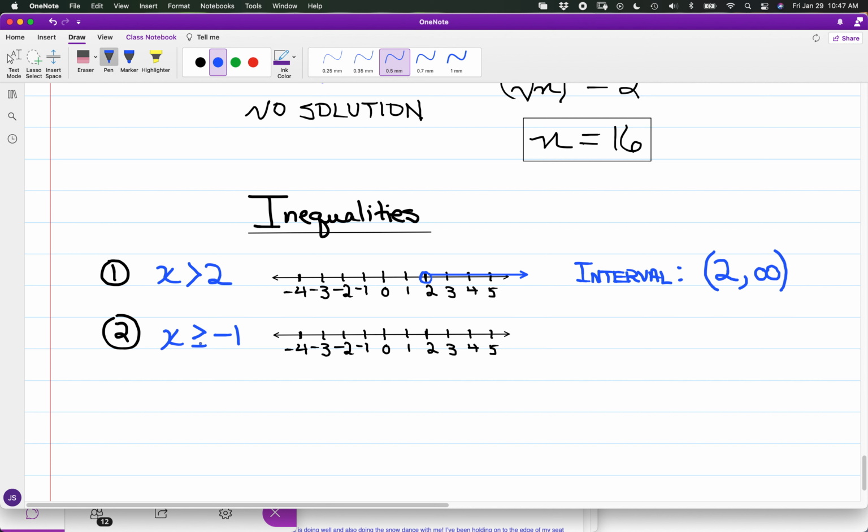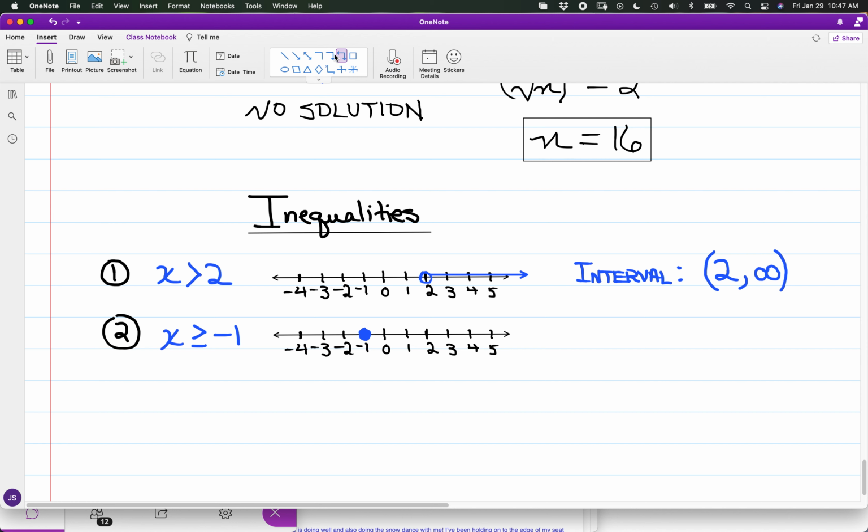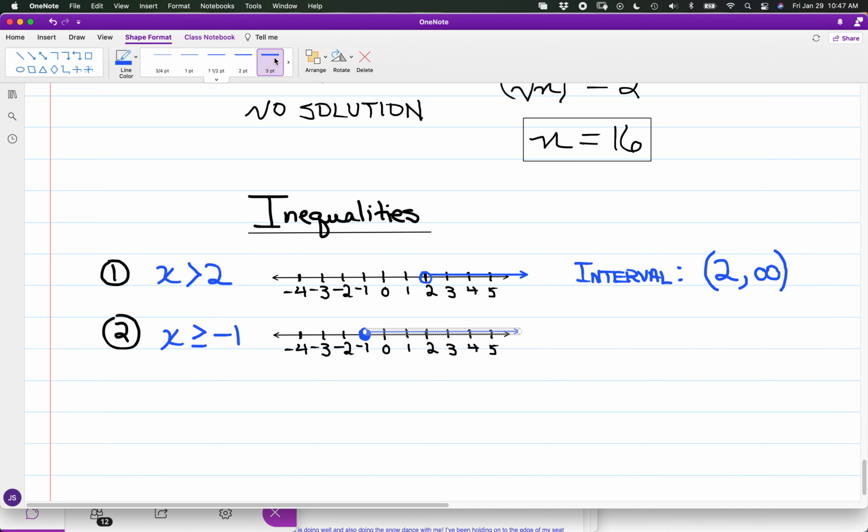With the equal sign, this means that x equals -1 is part of the solution. So on -1, instead of an open circle, we're going to have a closed point. And the rest of the values will be greater than -1. So again, the direction of the ray is out to the right.